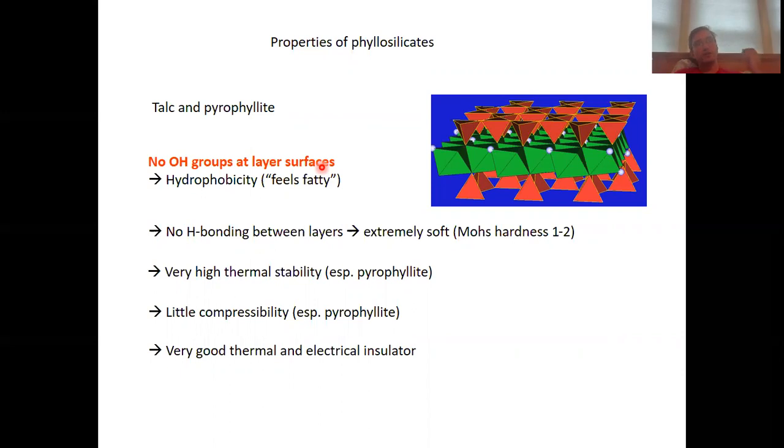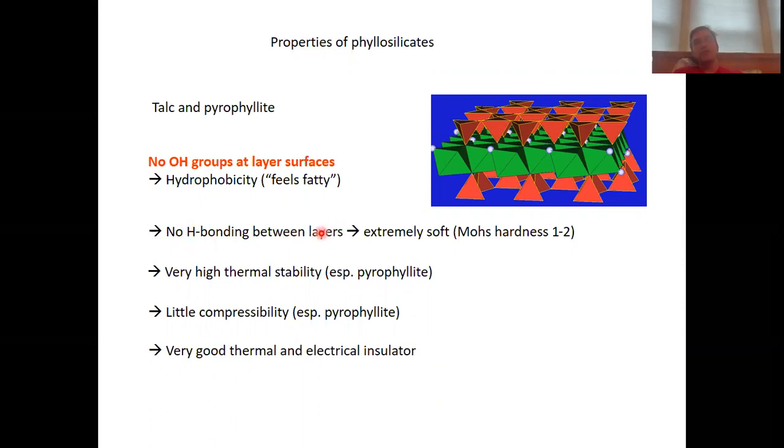So you may have actually felt talcum powder, and it feels a little bit fatty, like fat, and that's because of the hydrophobicity of the layers.